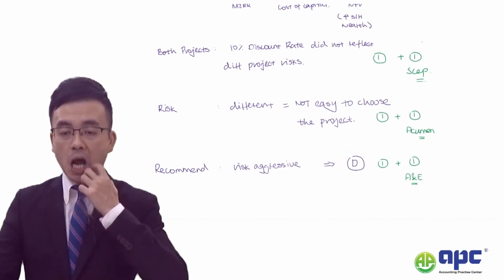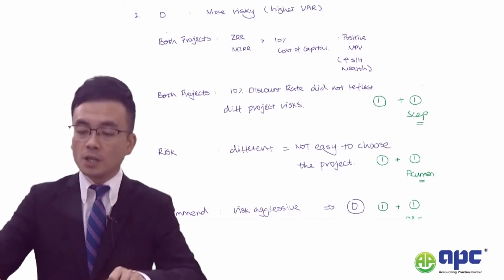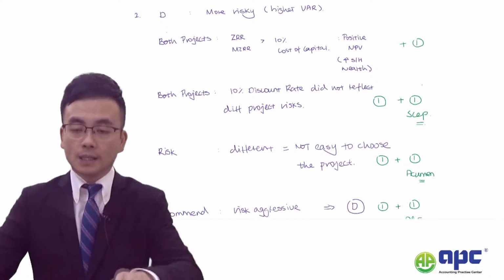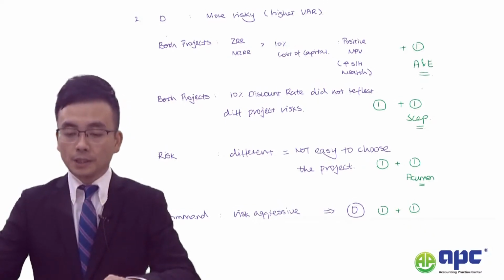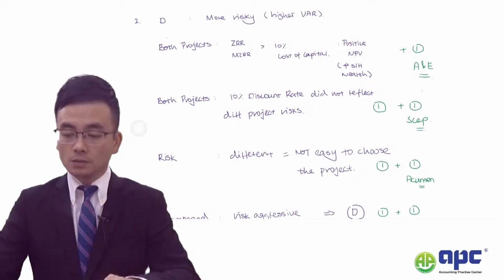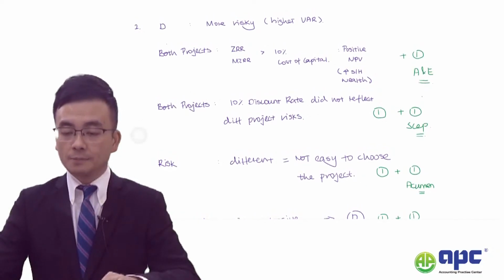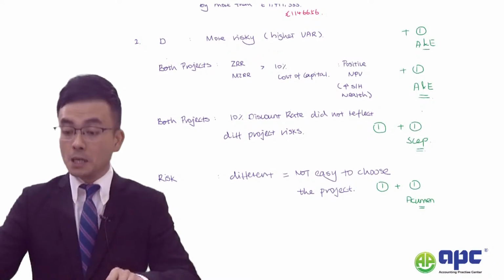Now, we've got 3 already, but also we've got 1 analysis and evaluation. And also that we talk about these more risky, and there's 1 analysis and evaluation mark according to the marking scheme.